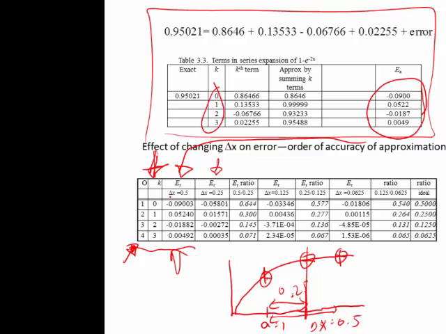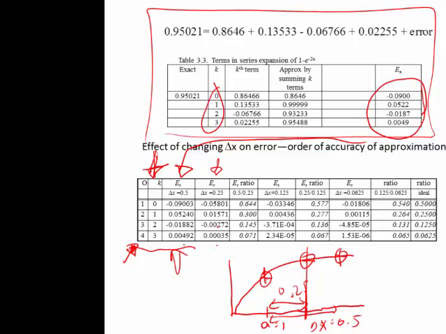With the first term, where the order of the approximation is proportional to delta x, I have minus 0.05 for the error. And then I include another term in the series, and I get 0.01, and then another term, 0.002, and so on. Okay, so you can see that in each case the error is reduced.